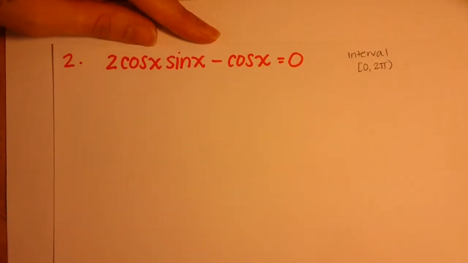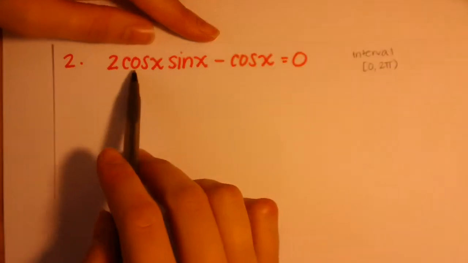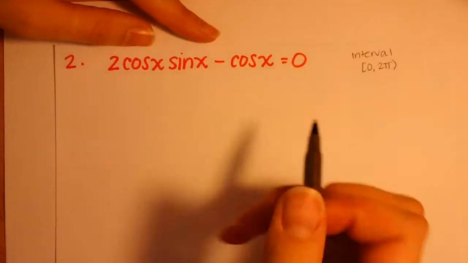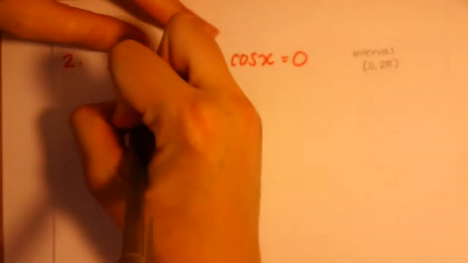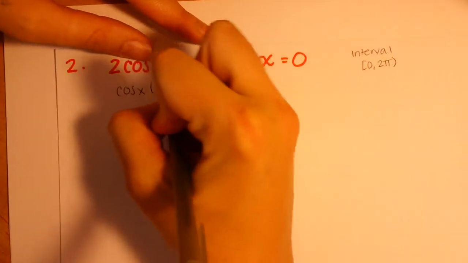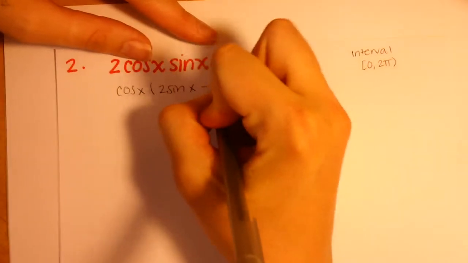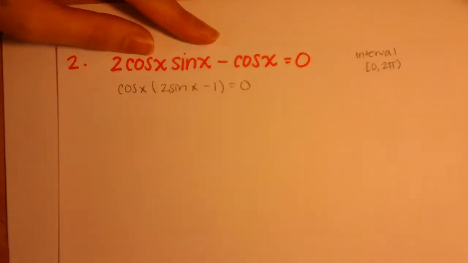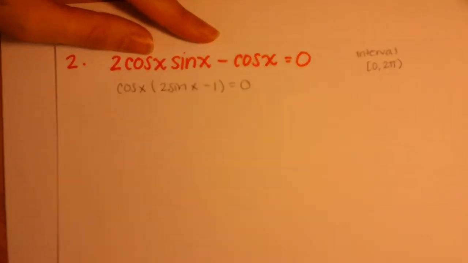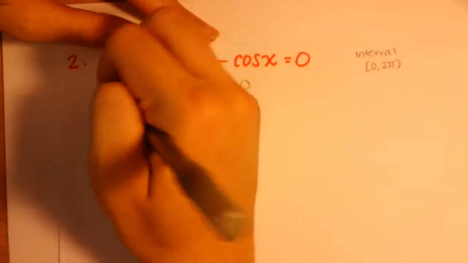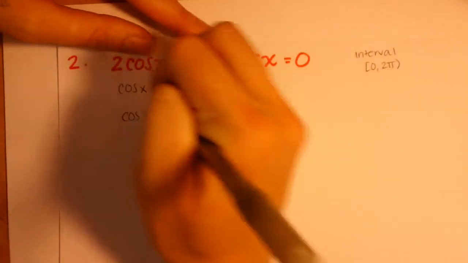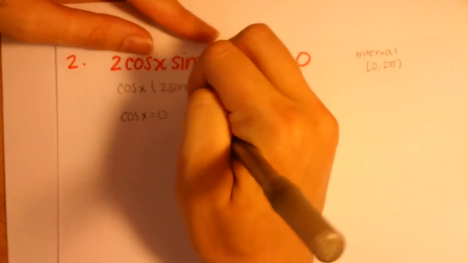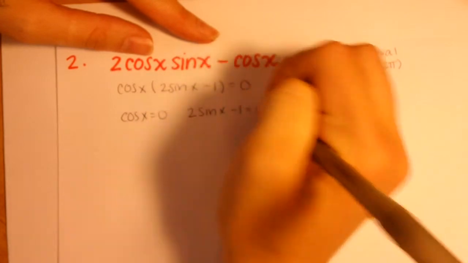And then from here, we have cosine x in both terms, so we can factor out a cosine x. And again, we can use our zero product property, and we'll get cosine of x equals 0, or 2 sine of x minus 1 equals 0.